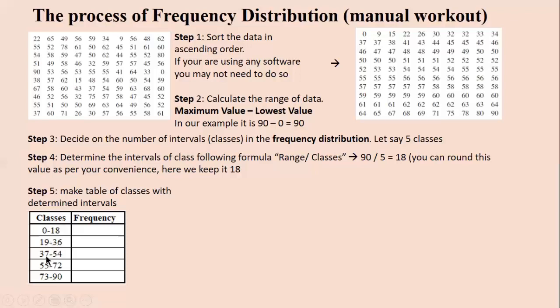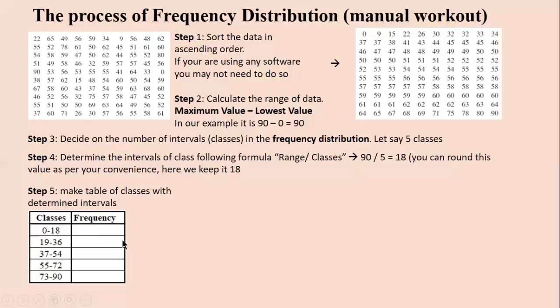Then the next class is from 37 to 54, then the next class is 55 to 72, and the next class is 73 to 90. So you can see that we have created a frequency distribution where the interval of each class is 18.